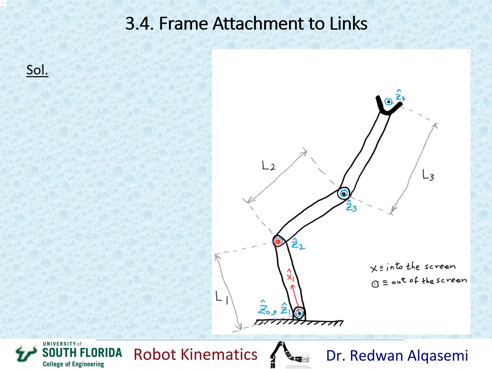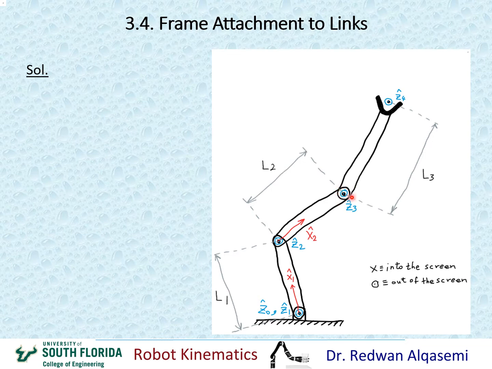That's the point of intersection between Z2 and the common perpendicular between Z2 and Z3. So my X2 would be initiating from the origin of frame 2 and going towards Z3 along the common perpendicular. So I'm going to draw that. This is X2 initiating from the origin of frame 2 along the common perpendicular between Z2 and Z3 and pointing towards Z3.